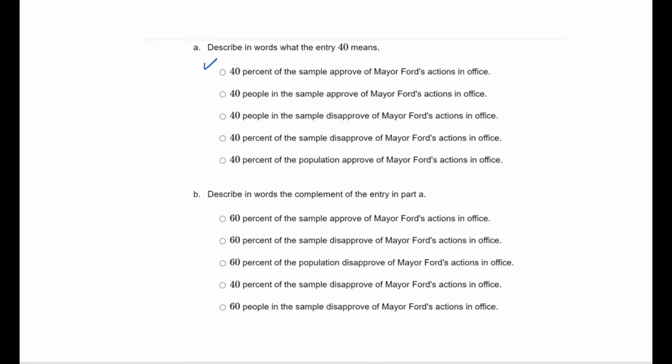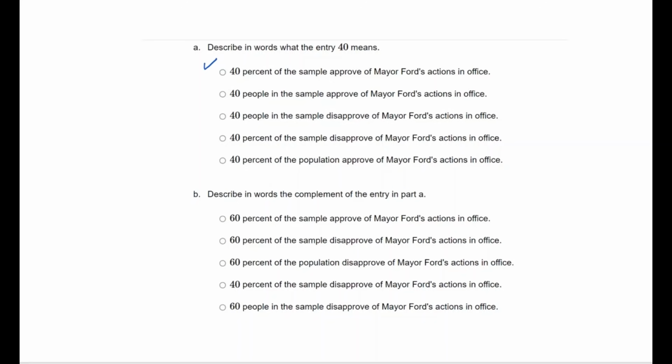We also look at the other four options to see why they are not true. The second option says 40 people in the sample approve of Mayor Ford's actions in office, which is not true. The number only represents the percentage, not the number of people. The third phrase again starts with the wrong argument, so we disapprove it.